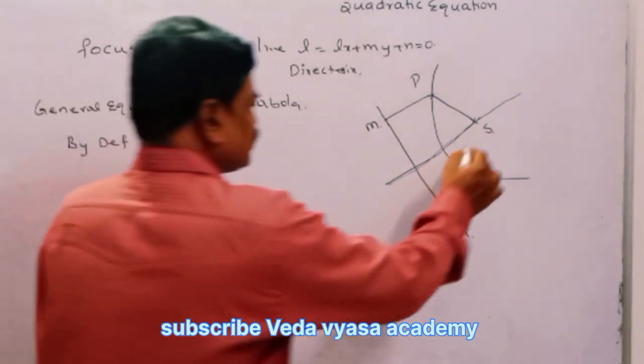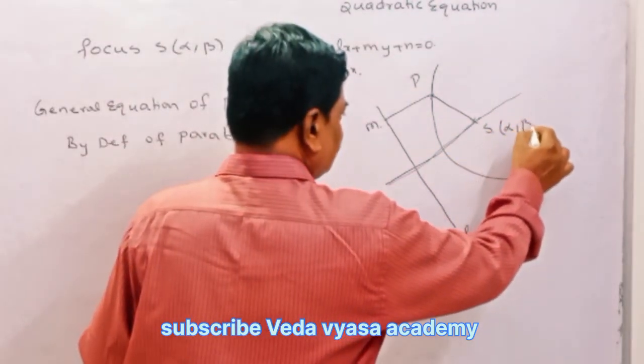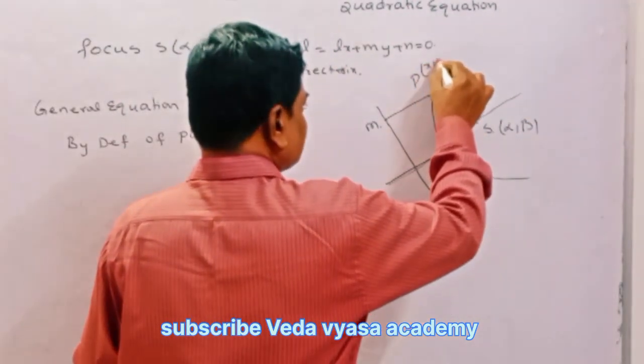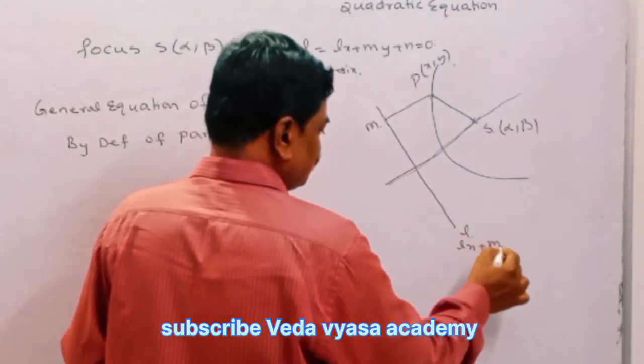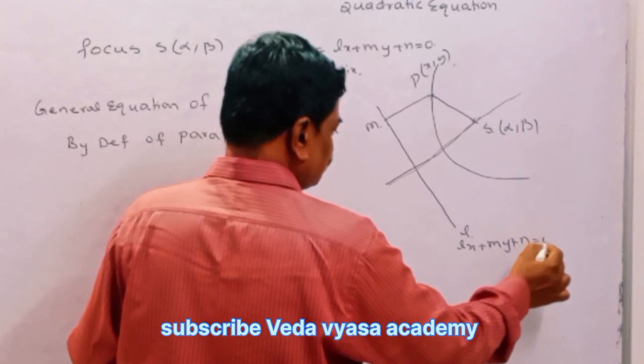You see, this is alpha comma beta and this is x comma y. This is Lx plus My plus N equal to 0.